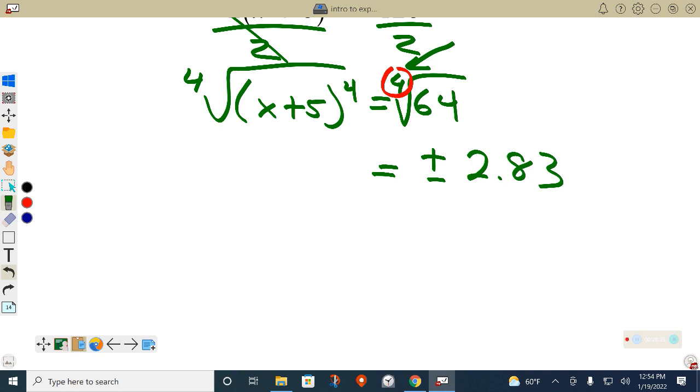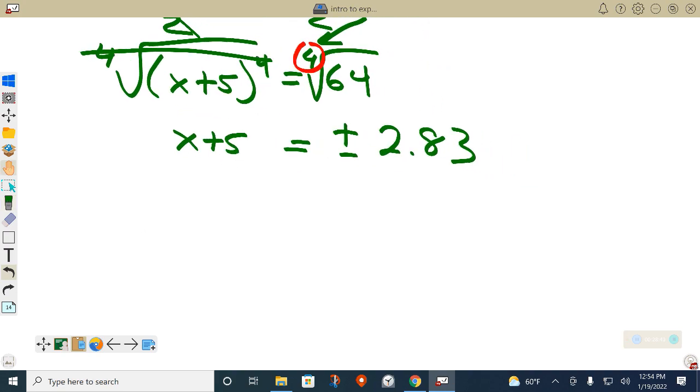And on the left side, look what I got. On the left side, I have x plus 5. X is almost by itself. I still got the 5. What do I do to both sides? Subtract 5. But careful now, watch.